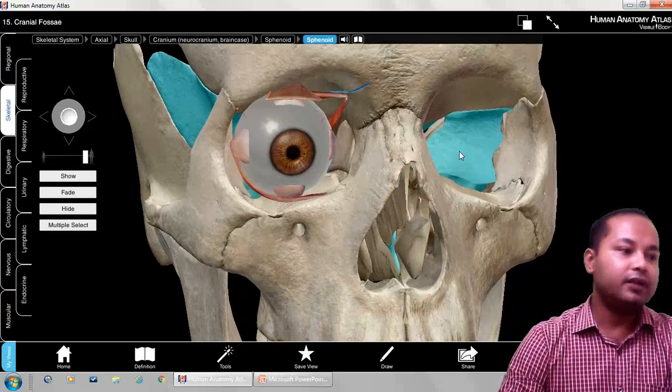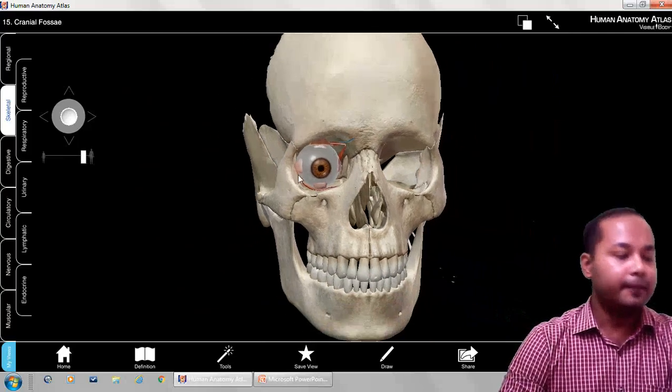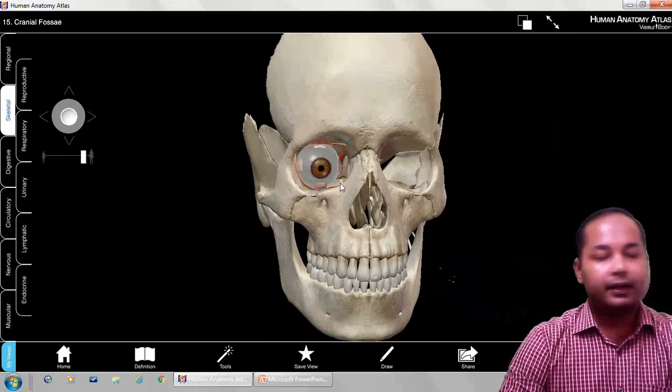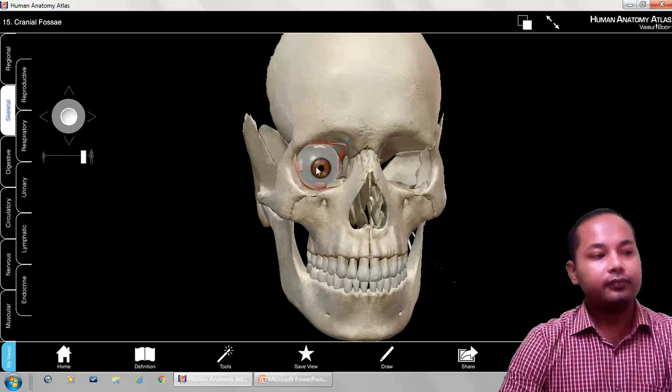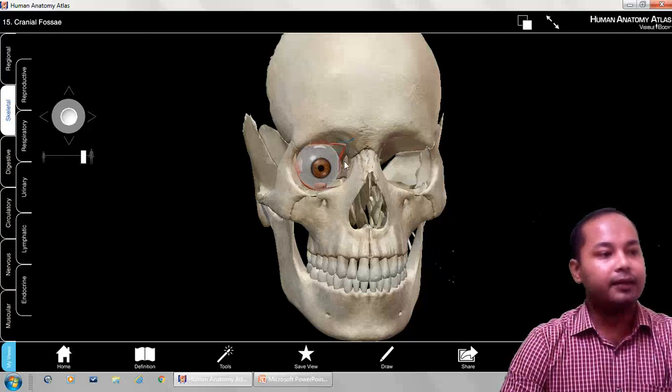Just please take a look at the different contents. Okay, in the content part, you can see directly that there is the eyeball and the extraocular muscles and certain vessels which have been delineated.